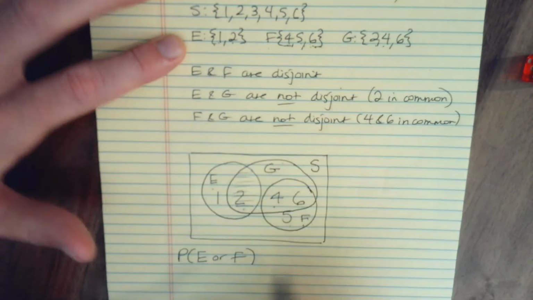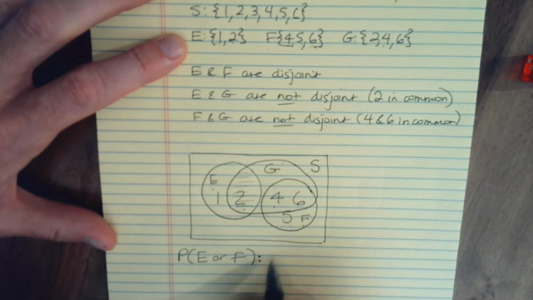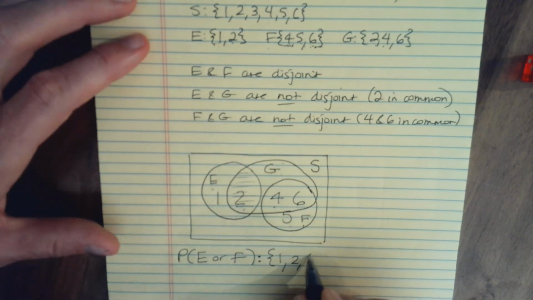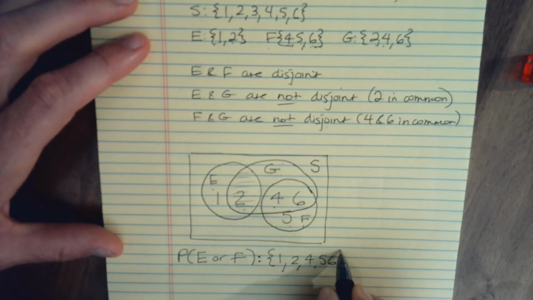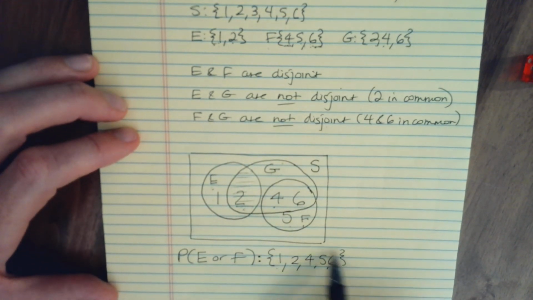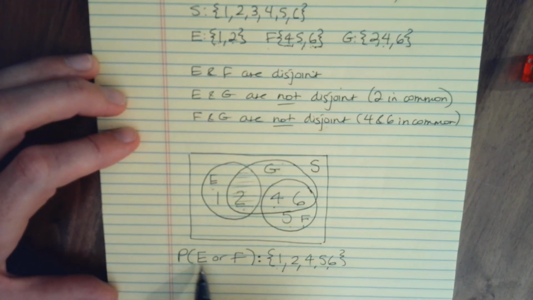We can list the elements that are in one or the other or both. That would be the elements 1, 2, those are the elements from E, and 4, 5, and 6, those are the elements from F. So this new collection I've made represents E or F.